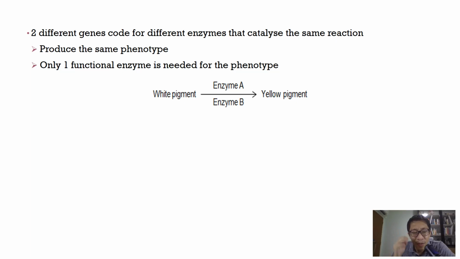In the presence of either active enzyme or both, you get the same phenotype, yellow. Absence of both, or both enzymes being inactive, gives you the white phenotype.